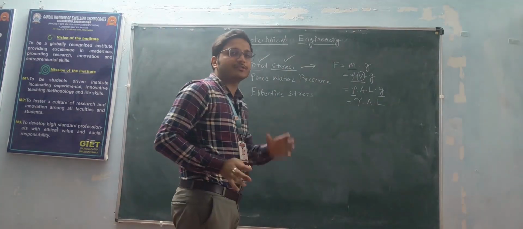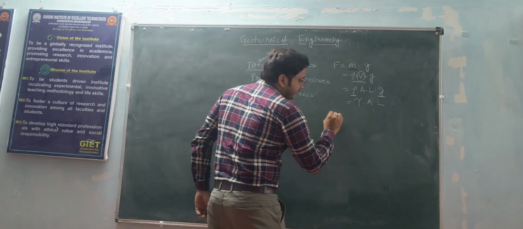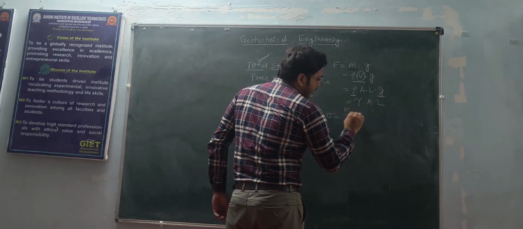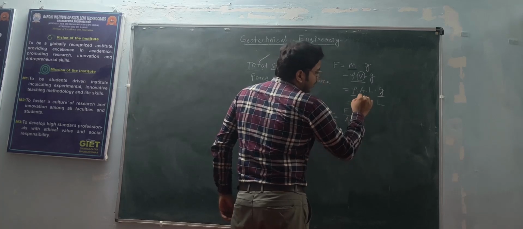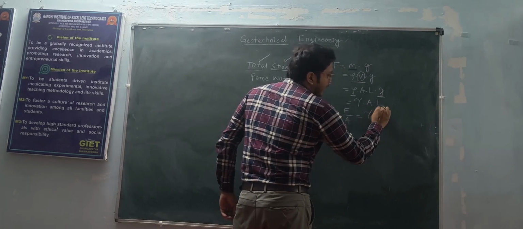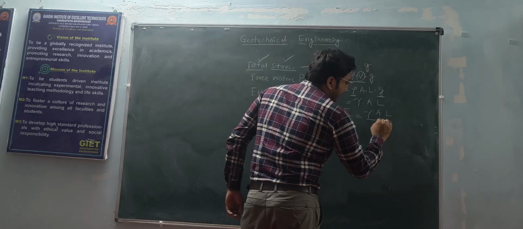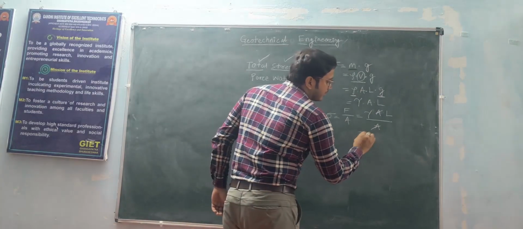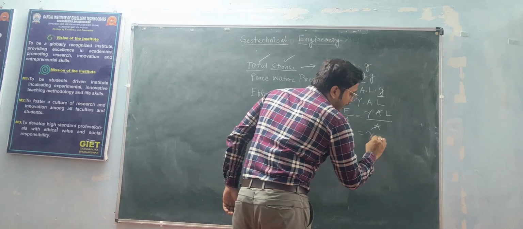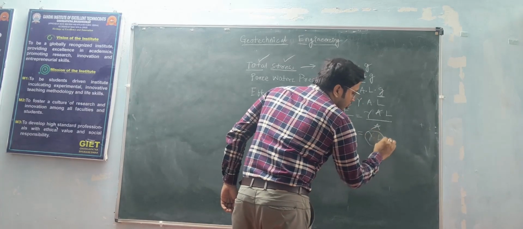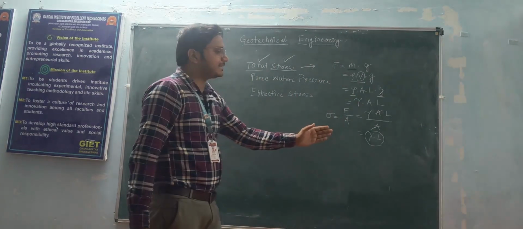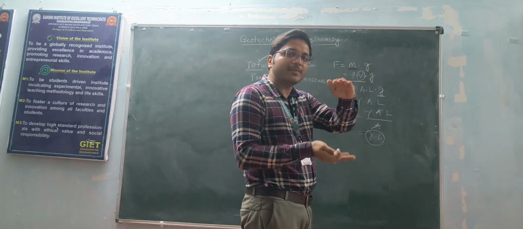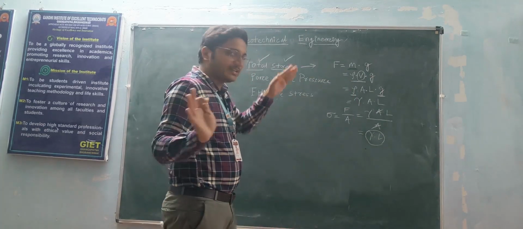If we calculate the stress, then stress equals force upon area, that is gamma A L divided by A. So A will cancel out and the remaining part will be gamma into L. So the total stress is the unit weight of soil into the depth of the soil, how much depth the soil extends.